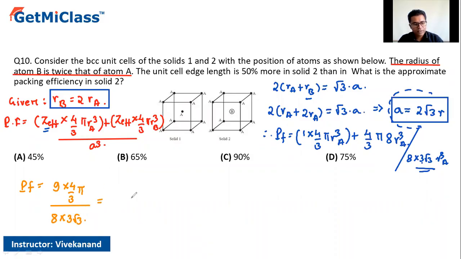Calculating this, we end up with pi divided by 2 into root 2, into 100 for the packing efficiency. So the final packing efficiency is pi divided by 2 into root 2, into 100. Approximately you will get nearby 90% as the answer. So our answer here is C.